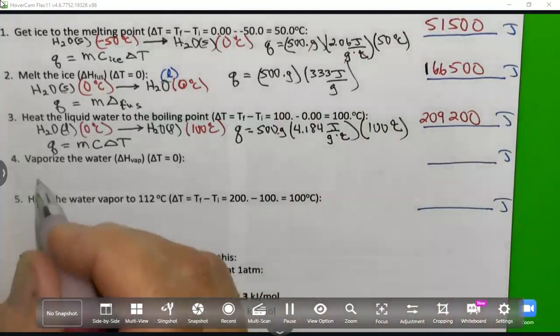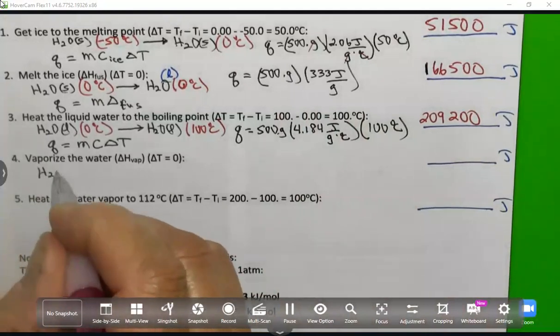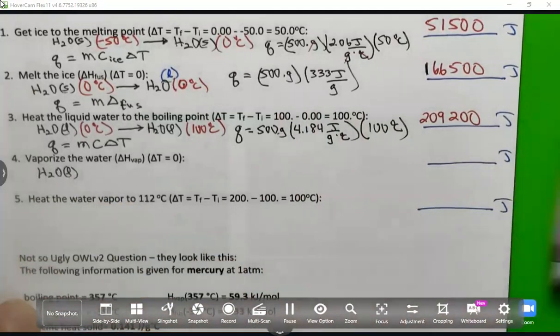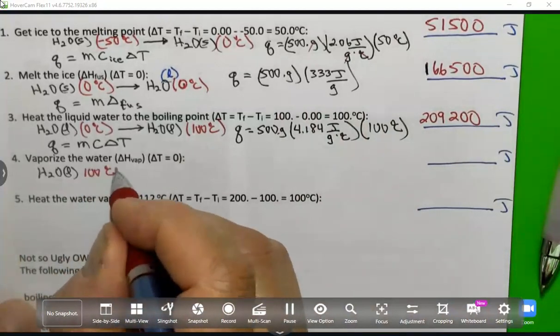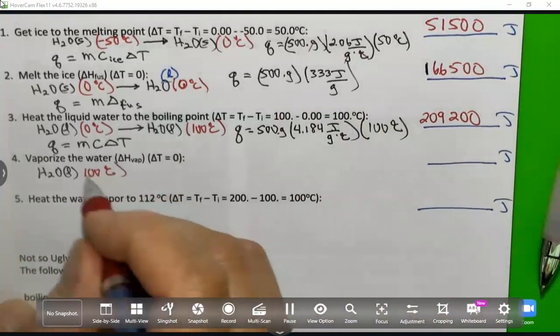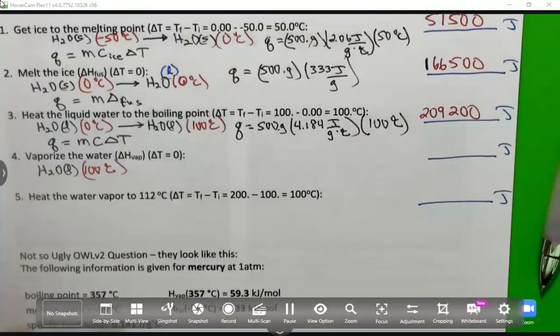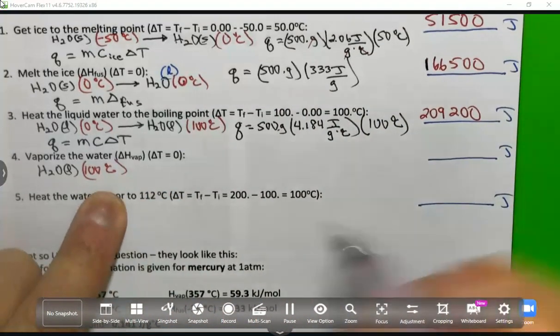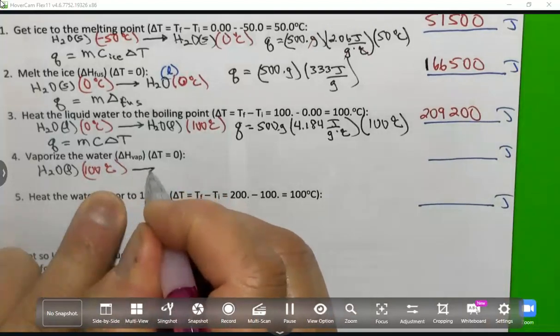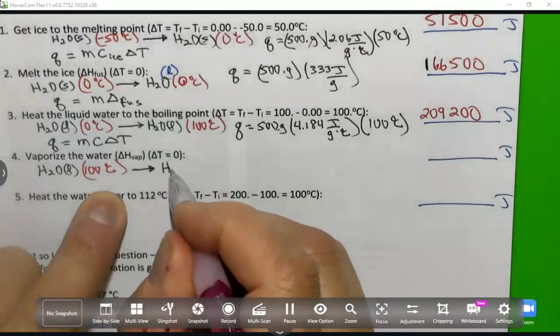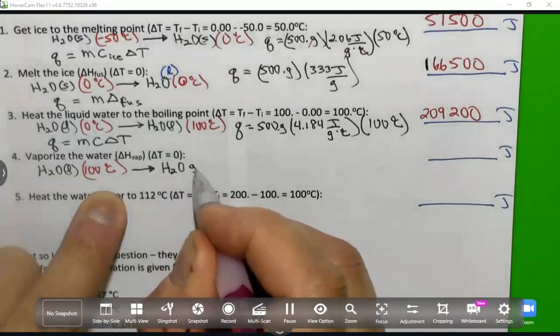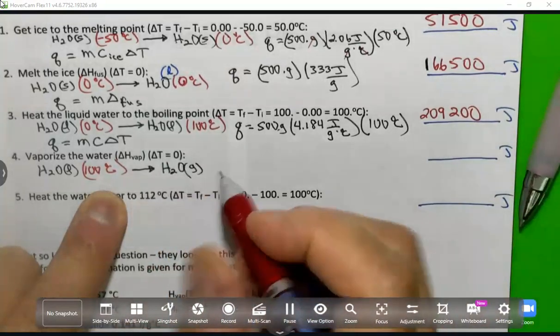Now I have liquid water at 100. I need to convert that to H2O gas at 100. I need to boil it all the way.